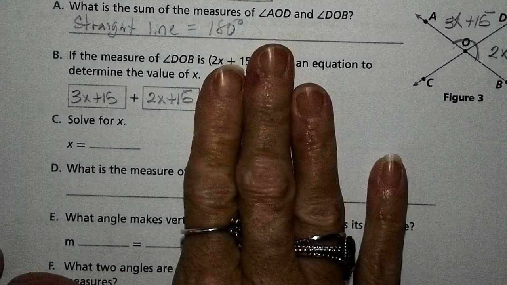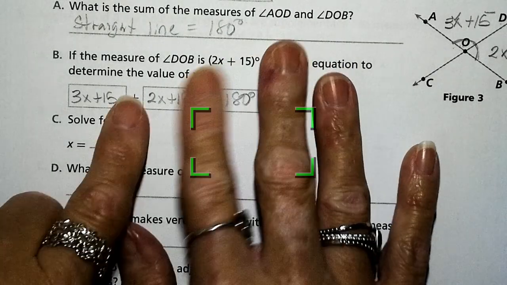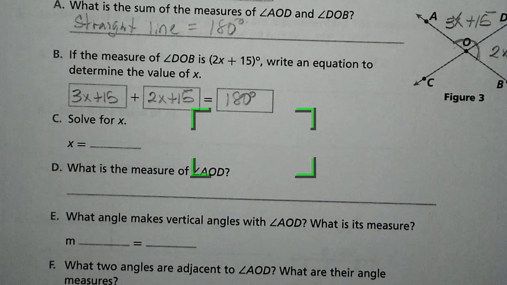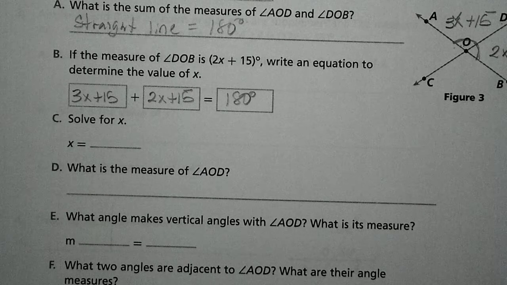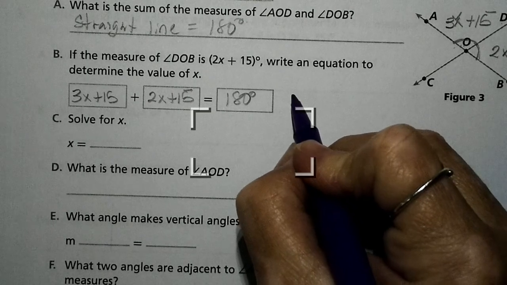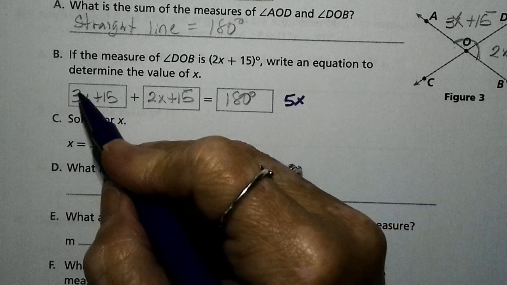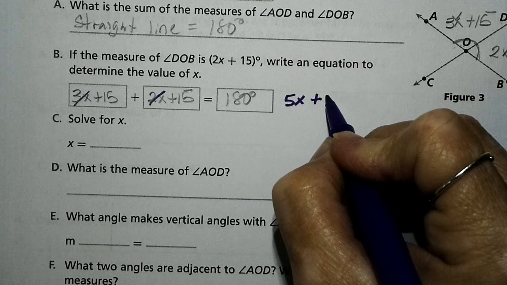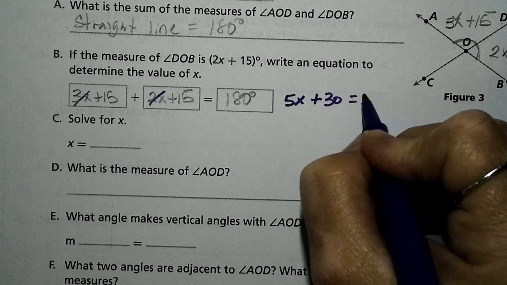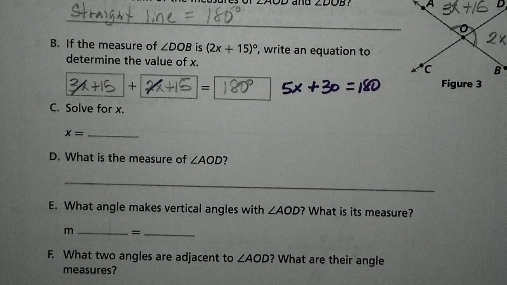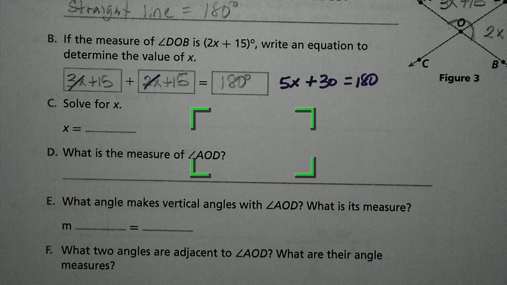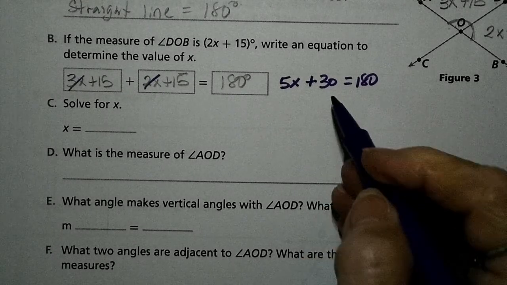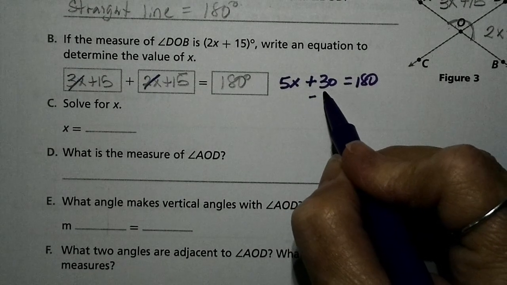All right, so before I move anything across here, I can combine some things here, right? So what can I combine? 3x and 2x. Yep, and what does that give me? 5x. And then what else can I add? You can add 15, make 30. Yep, equals 180. All right, so what do I do? We're going to minus 30.